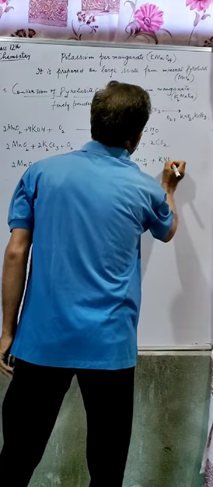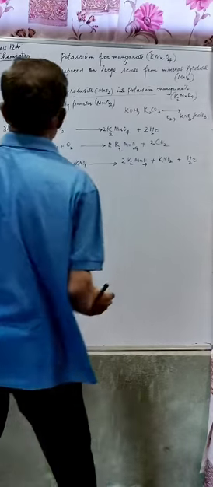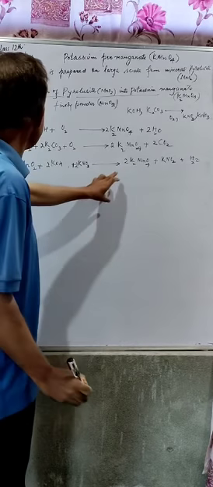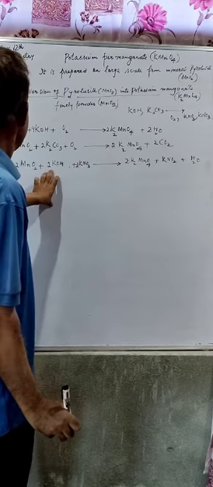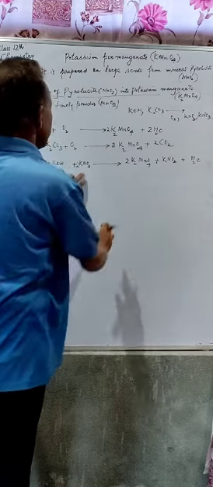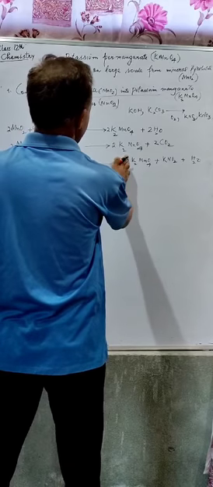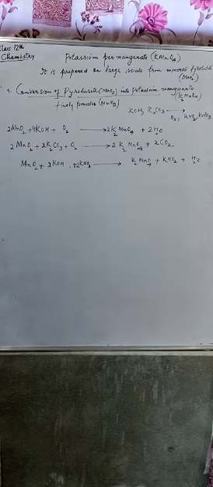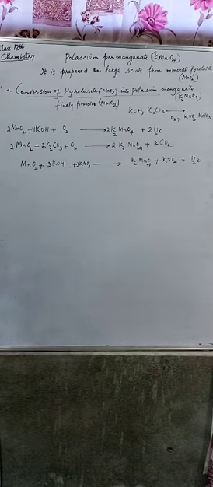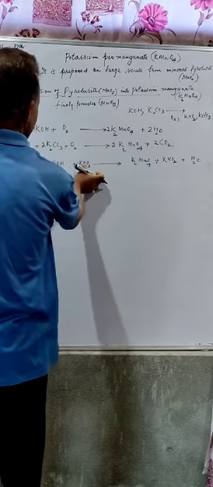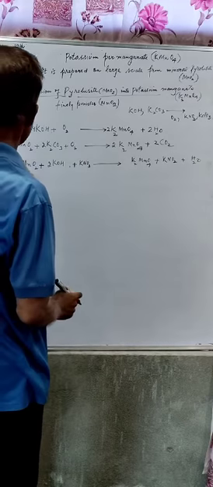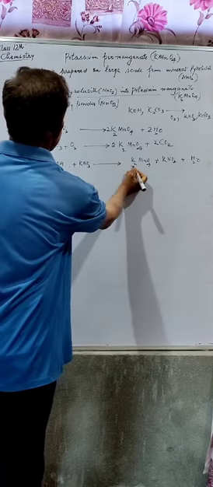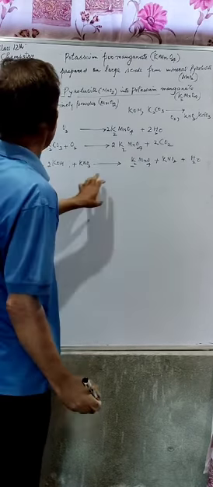So we balance: twice Mn, twice K. MnO2 plus 2KOH plus KNO3 gives K2MnO4 plus KNO2 plus H2O.